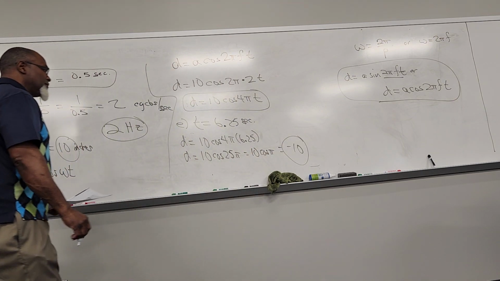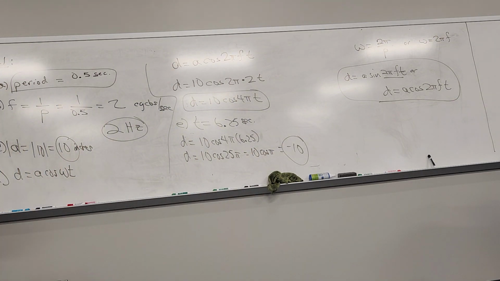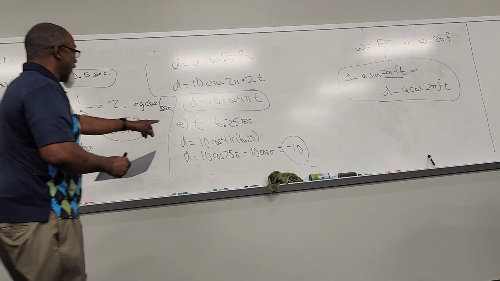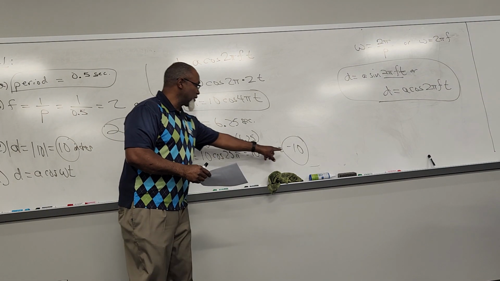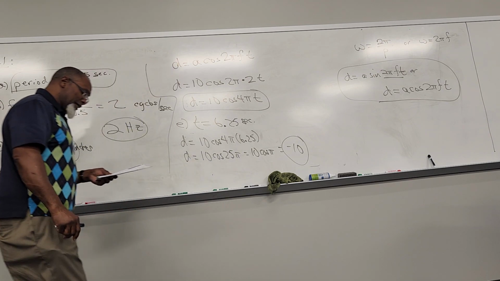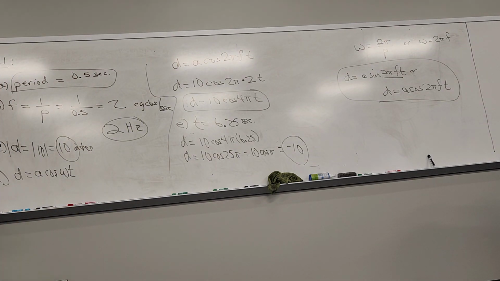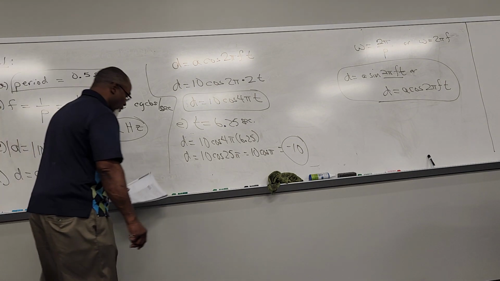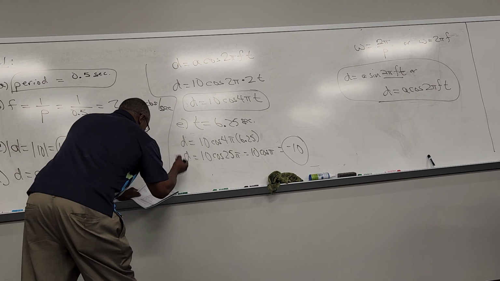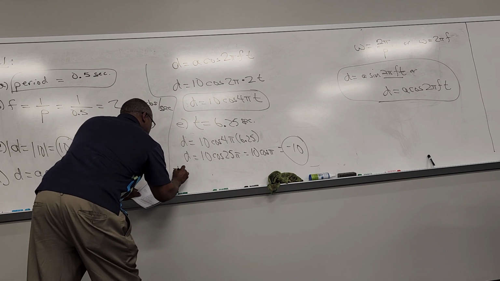So -10, let's remember what we did. We took a block at the end of a spring, we compressed it 10 inches upward. We let it release, and after 6.25 seconds, the position of the block is -10. All that means is that the block is now 10 inches below the equilibrium position.